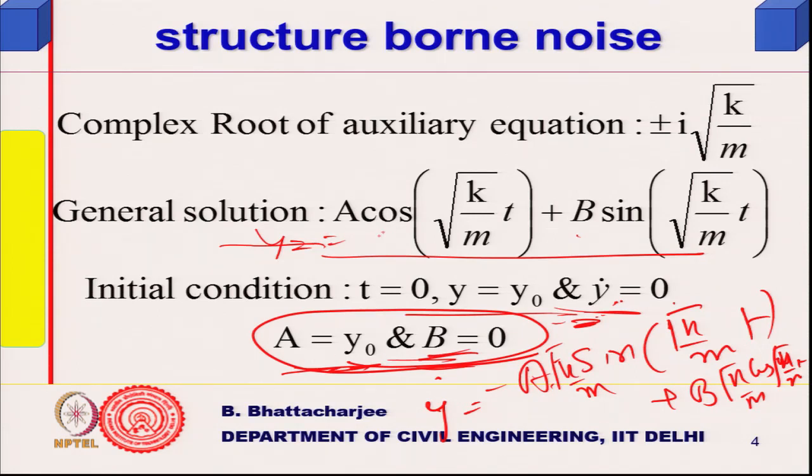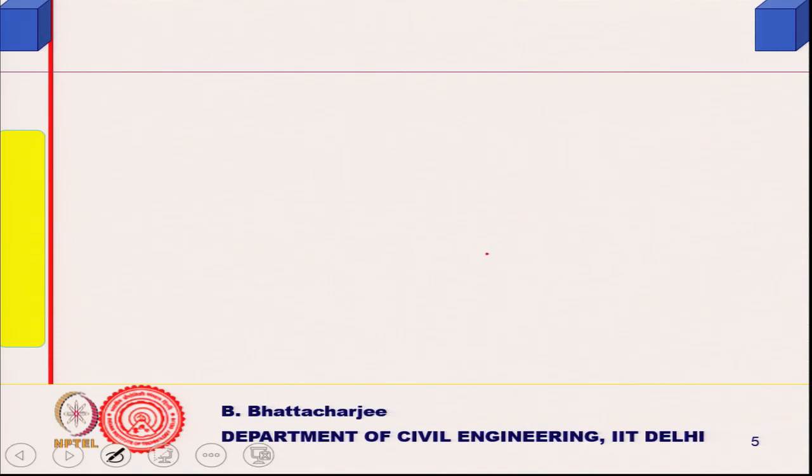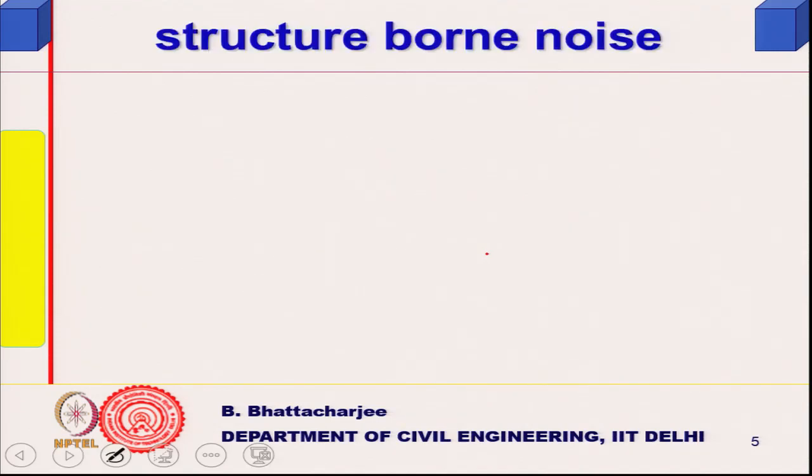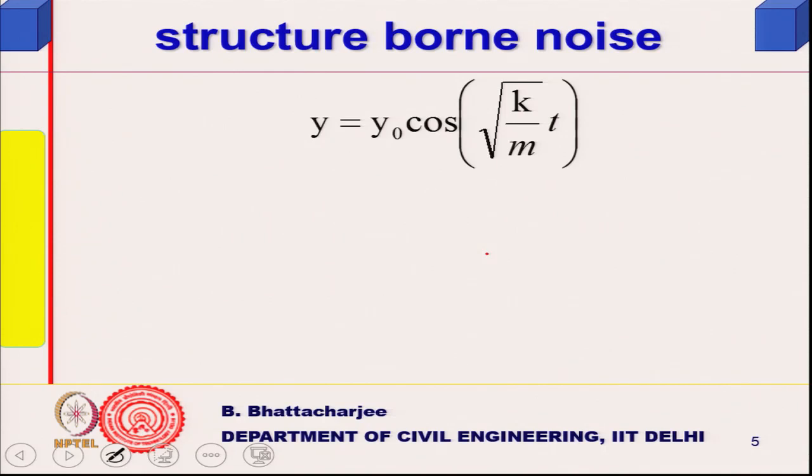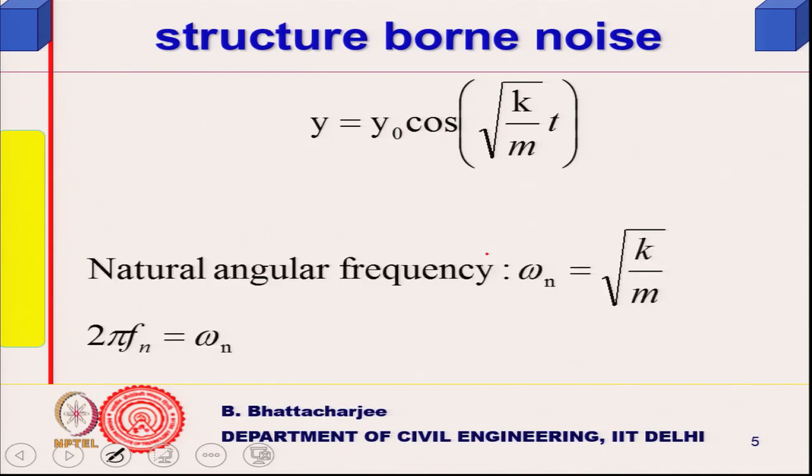So, my equation then becomes y equals y 0 cos of under root k by m times t, right. And anyway omega n is under root k by m. This is the frequency at which it will vibrate, this is equal to omega n.